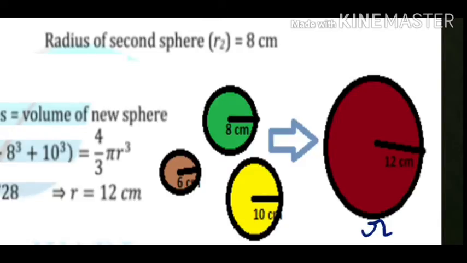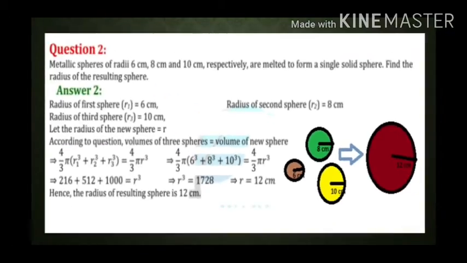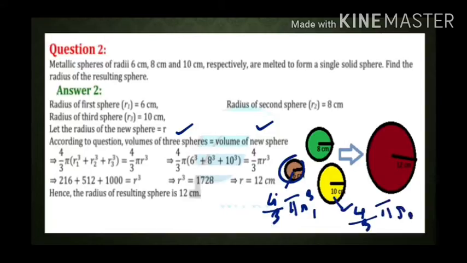Consider the radius of the resulting sphere to be r. So let's check the solution. According to the question, the volume of 3 spheres is equal to the volume of the new sphere. The volume of the brown one will be 4/3 pi r1 cube. For this one it will be 4/3 pi r3 cube. For this one it is 4/3 pi r2 cube. Now add these 3. You can take 4/3 pi common from these 3 terms.